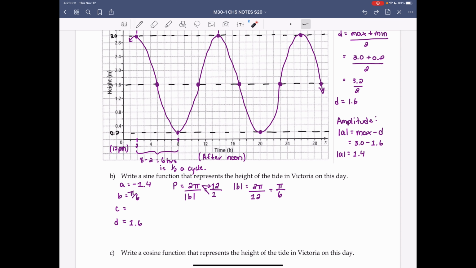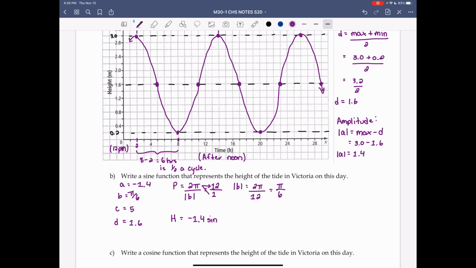And then our C value, we said that this point started as the y-intercept and got shifted over. How far did it get shifted horizontally? That is 5 hours right there, so C is 5. Then we have the function y, which is the height, equals A negative 1.4.